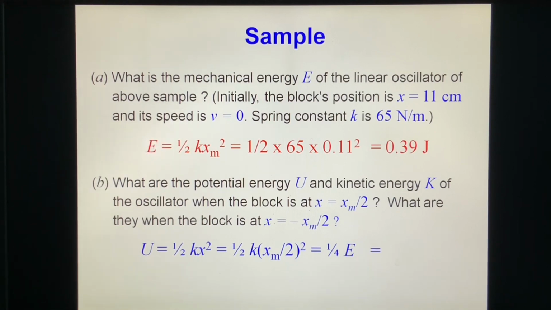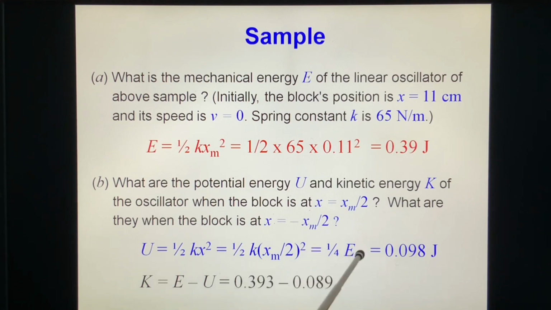And the leftover is the kinetic energy at this time, so it's about three fourths E. This is the kinetic energy. Now, what are the kinetic energy and the potential energy at x equal to minus half x_m? Same thing.